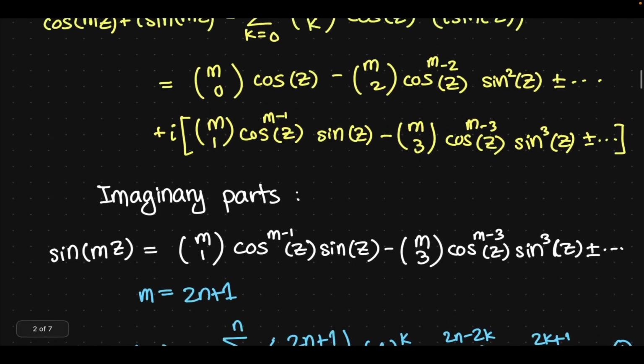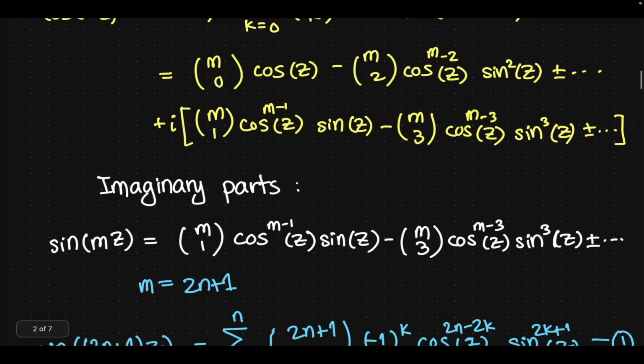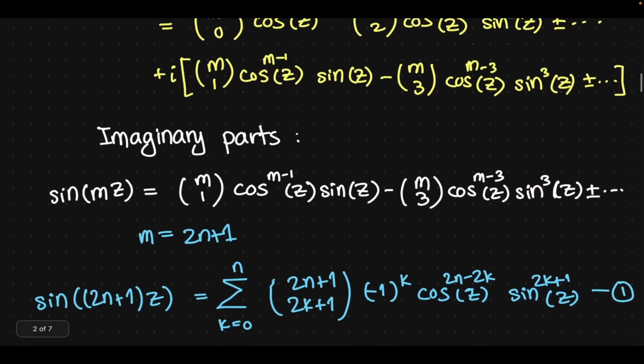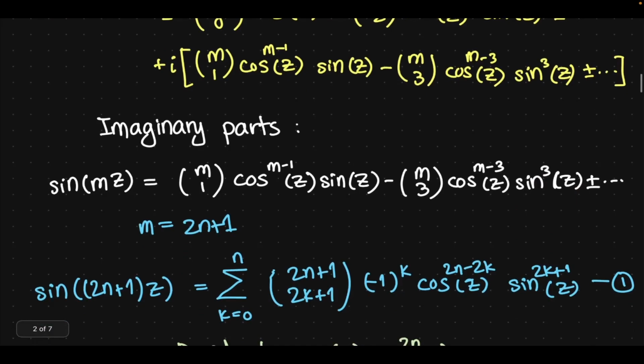So we can equate both of them. Sine of mz equals m choose 1 cosine m minus 1 z sine z minus m choose 3 cosine m minus 3 z sine cubed z plus or minus and so on. We can make a choice for m. We can choose m to be odd in the sense m is equal to 2n plus 1, where n is some arbitrary integer.